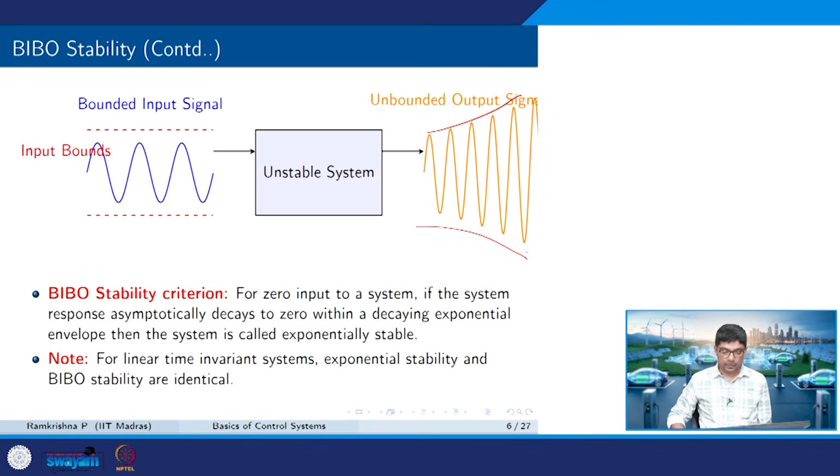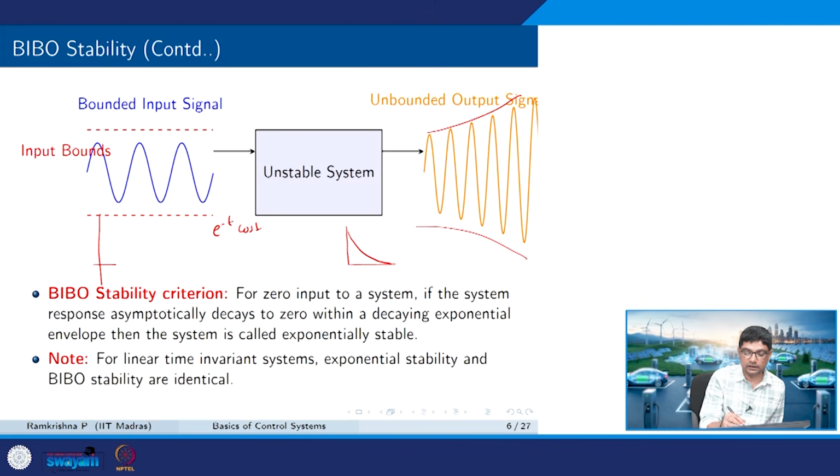Now, for a zero input to a system, if the system response asymptotically decays to 0, or stays within a decaying envelope, the system is exponentially stable, which means the examples that we saw in the first order case, right. So, the response was just e^(-t) something. It is bounded by an exponential curve. e^(-t) cos t will also be a signal which at t equal to 0 will be something like this.